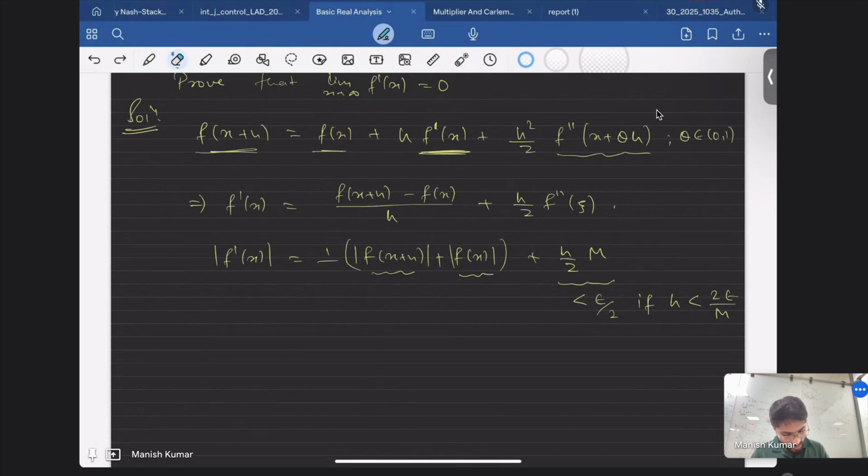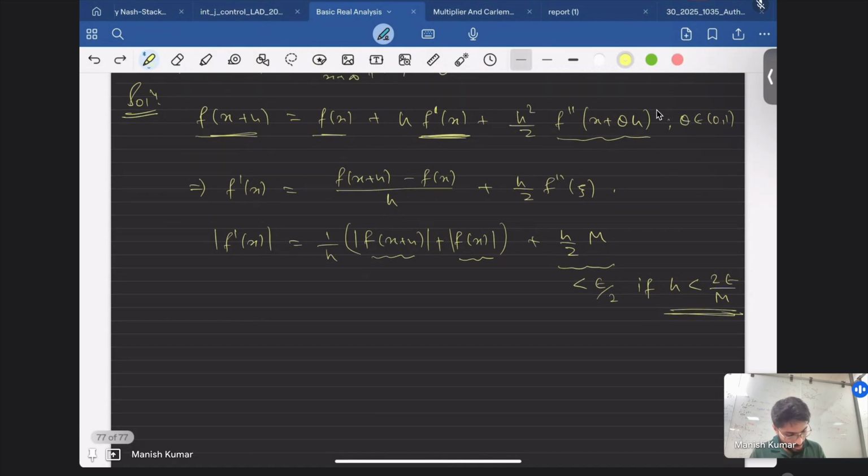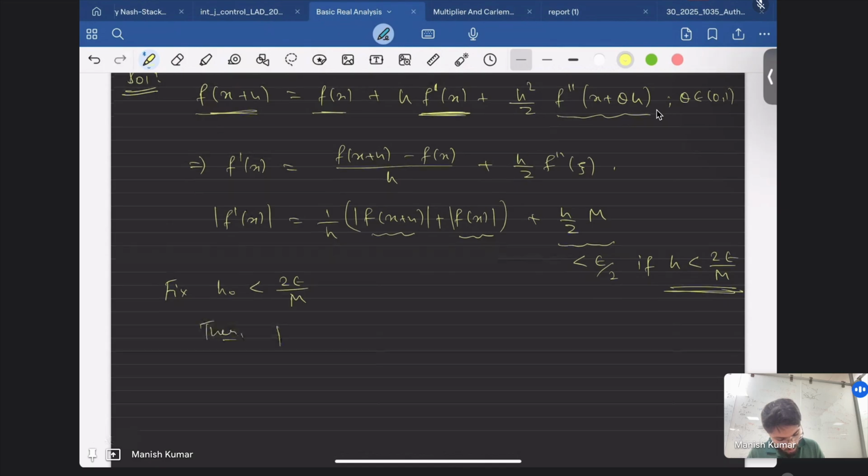So let me fix h naught, which is strictly less than 2 epsilon by M. Then mod f prime of x is at most 1 by h naught times (mod of f of x plus h naught plus mod of f of x), plus epsilon by 2.